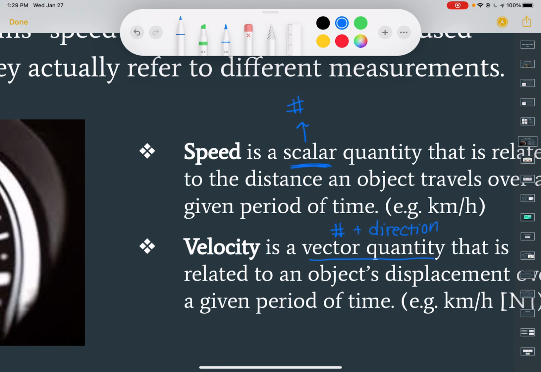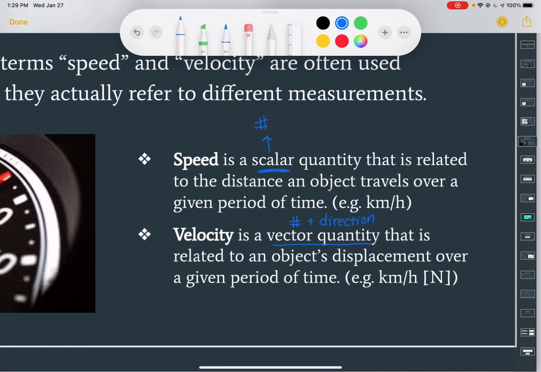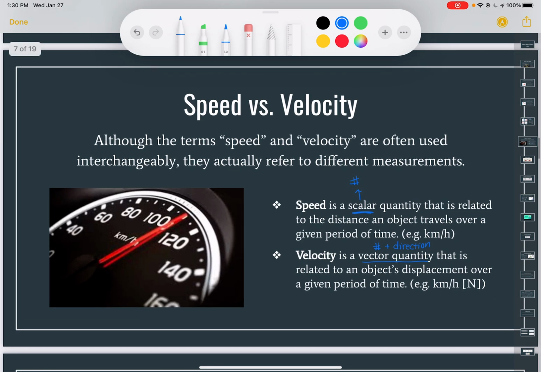An example of a speed: I'm going 100 kilometers an hour in my car. Velocity: I would say I'm going 100 kilometers an hour north. I'm driving to Edmonton, so I am driving at a speed of 100, or a velocity, see, there's me mixing it up, a velocity of 100 kilometers an hour north. That's the big difference, and you can always refer back to this.